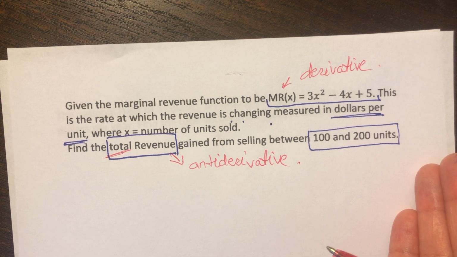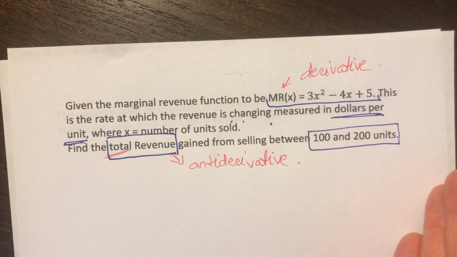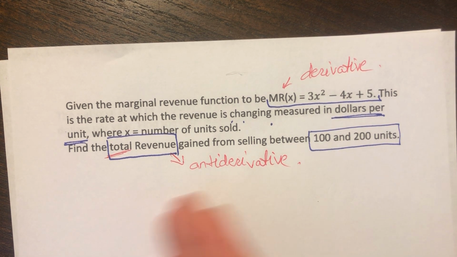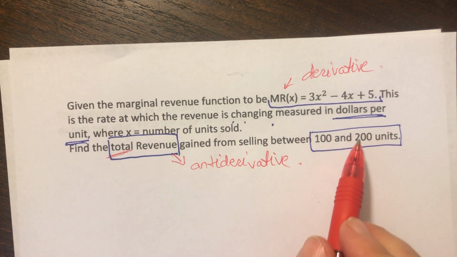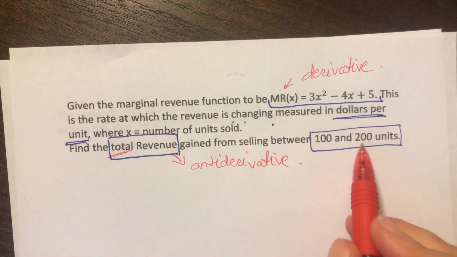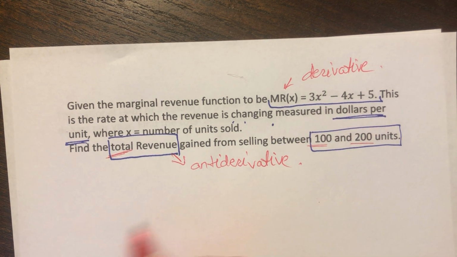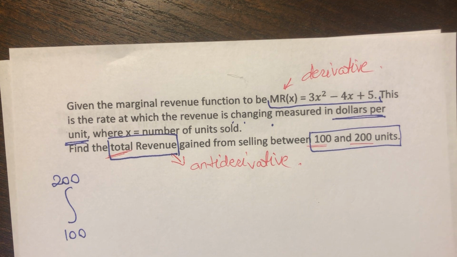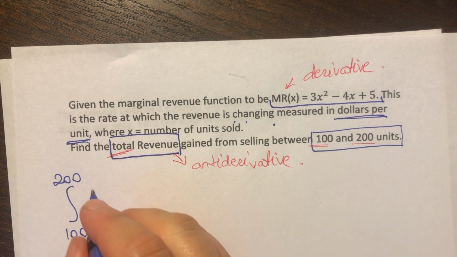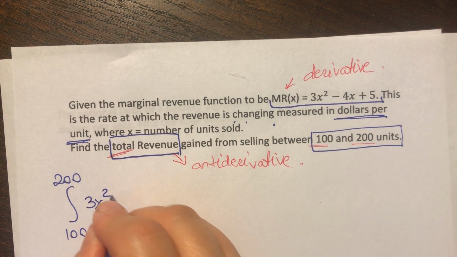Like I said in the first sections, can you find me a function that describes the total revenue of the first X units sold? No, I want the total revenue gained between these two values. So what I want is a definite integral, a total accumulation in revenue between selling units 100 and 200. So here is that.